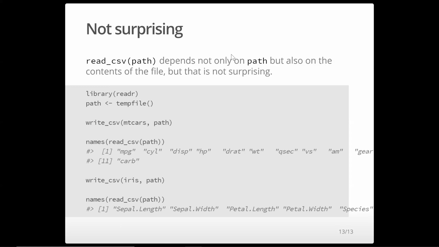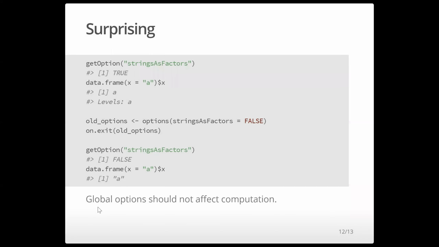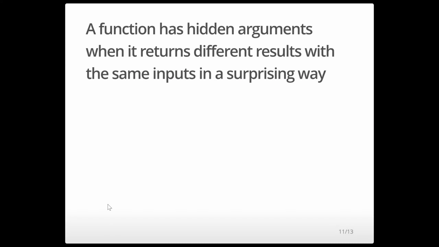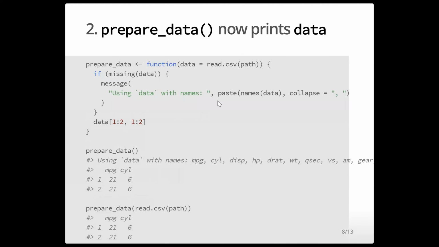So can you go to your slide number 8? I am confused about what happens if the data option is missing, and this missing data is true. Then this message begins, and you're taking the names of data which hasn't been passed.